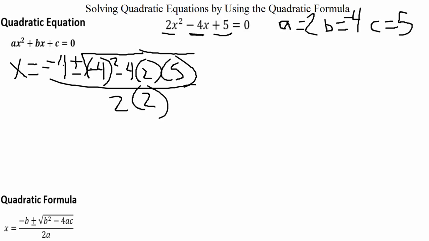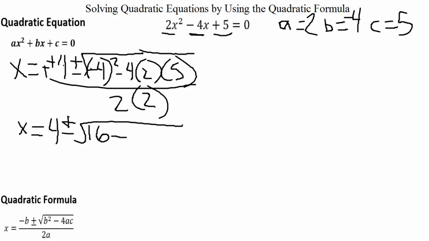Simplifying this problem, first off, we can go ahead and cancel out those negatives. Remember, double negative rule says that we can do that. Drop down the plus or minus, square root of, and taking care of our exponent, -4 squared is -4 times -4, which is 16, minus 4 times 2 is 8, 8 times 5 is 40. And this is all over 2 times 2, which is 4.